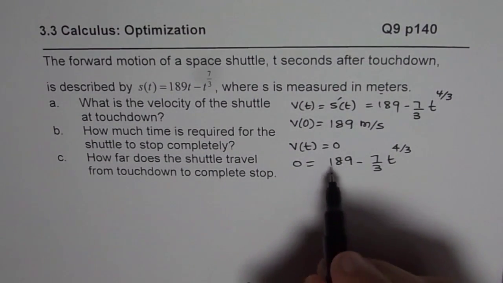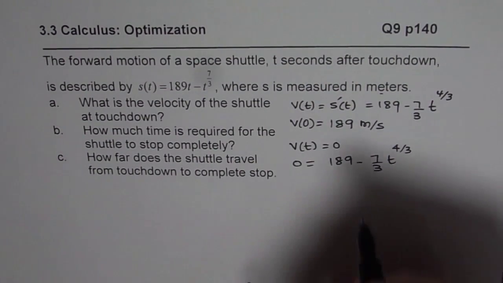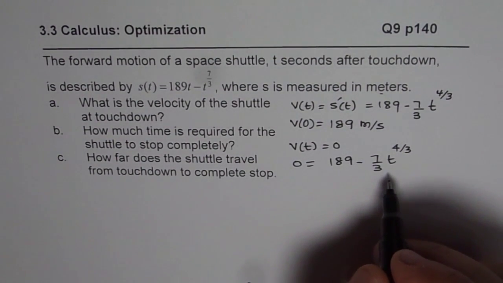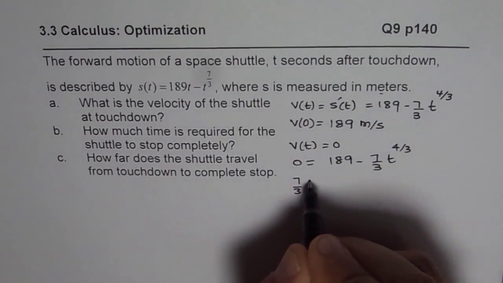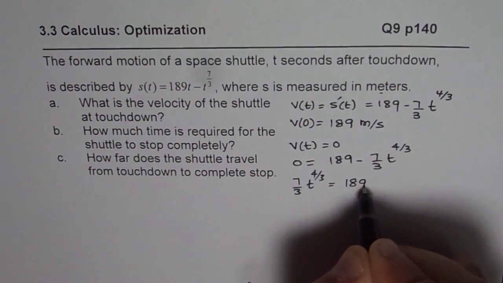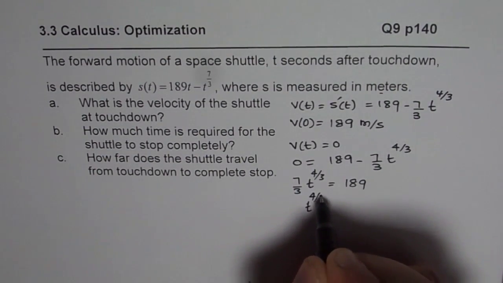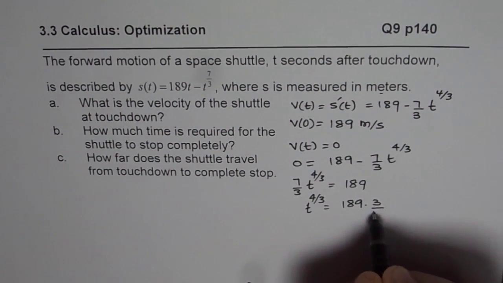These numbers 189, 7 over 3 are excellent numbers to work with in this particular example, since they can help you find the answer without a calculator also. Let us see how. So 7 over 3 t to the power of 4 over 3 equals 189. So t to the power of 4 over 3 is 189 times 3 over 7.